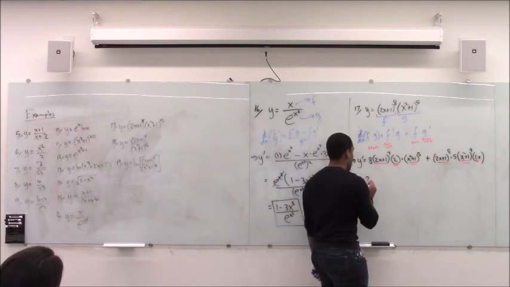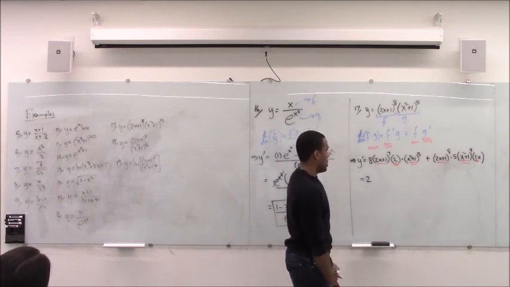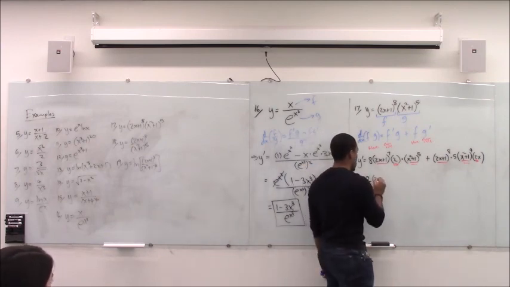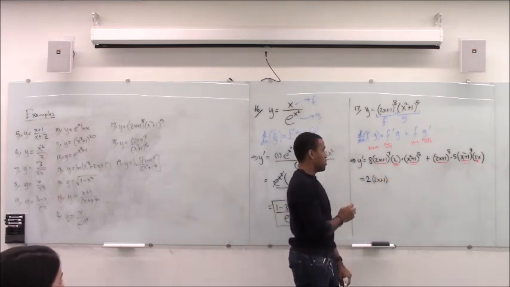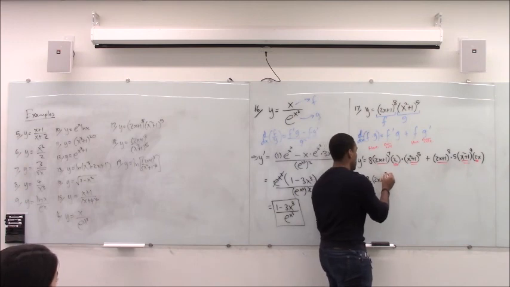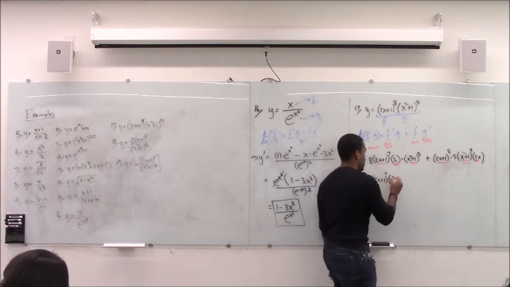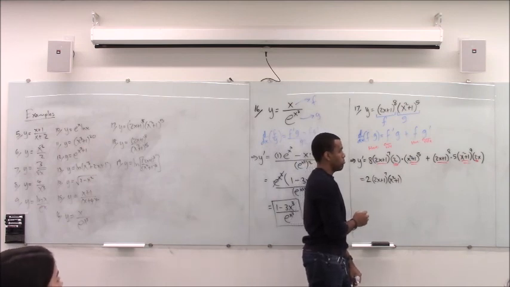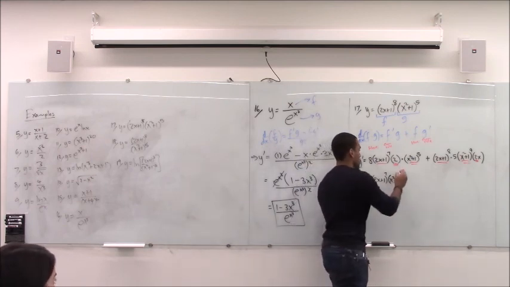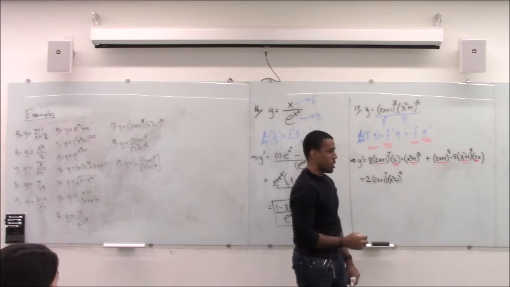So of course, 2 gets pulled out. I'm going to factor out the 2x plus 1 to what power? 7. X squared plus 1 is also a common term. Factor out what power? 4. Those are all the common terms.